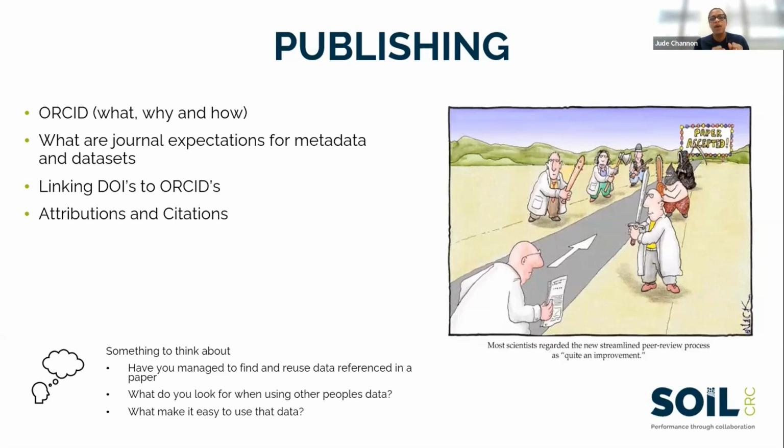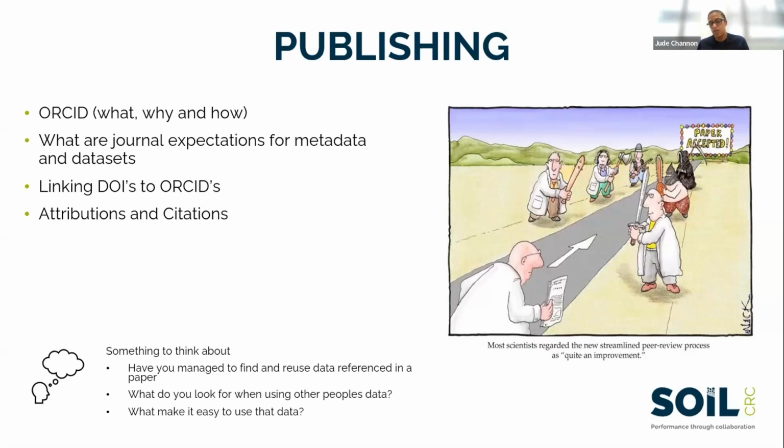If you have not got an ORCID ID, I would strongly advise you to get one as a researcher. That is a permanent identifier for you as a researcher, and it will follow you through your research career. Anything that you publish, you can put your reports onto that ORCID ID. You can link your DOIs from your publications to that ORCID ID so that you are correctly cited.